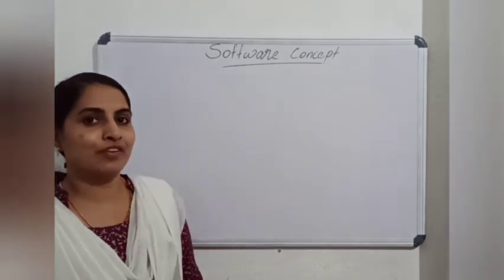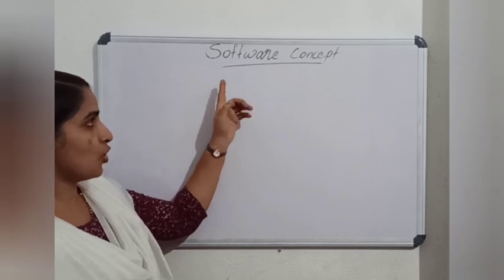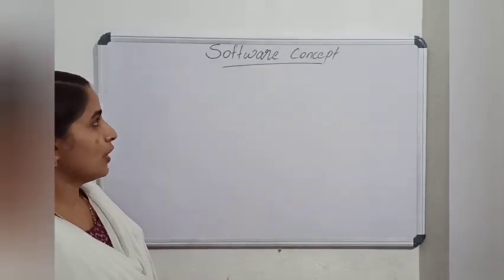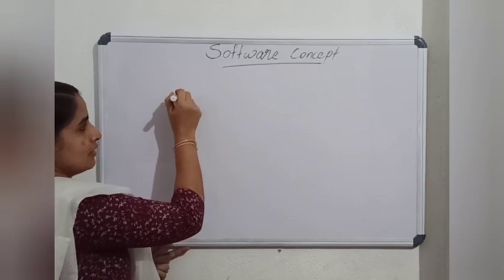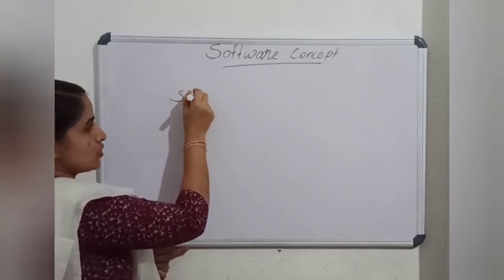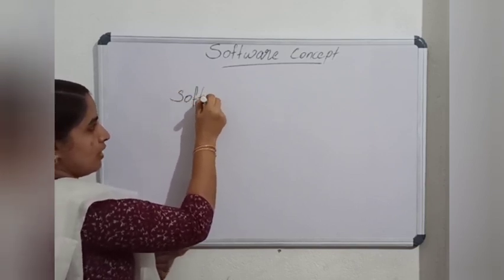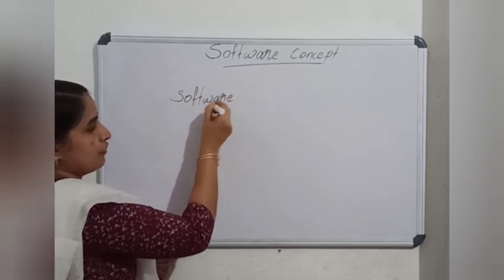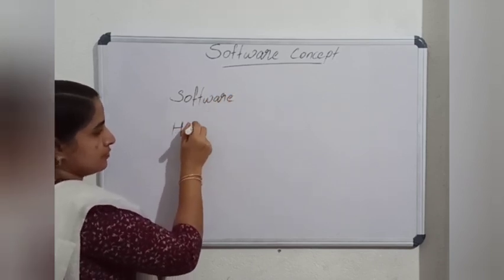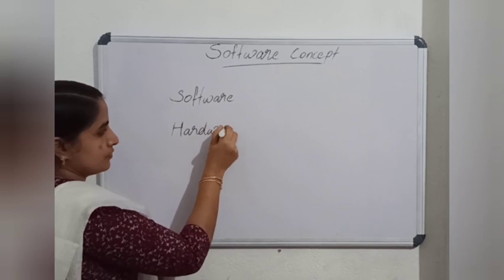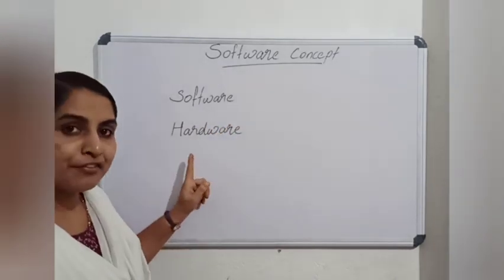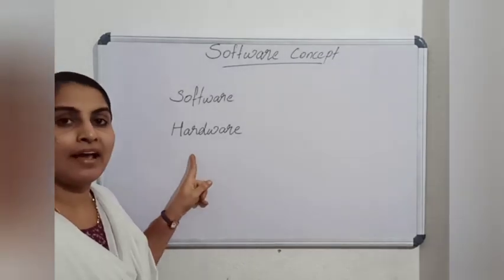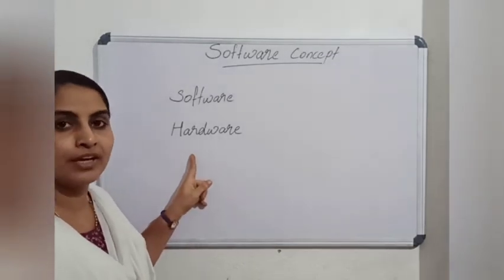So first of all, let us see what is a software. A computer can have two parts, a software and a hardware. What is hardware? Hardware means the physical and tangible part of a computer.